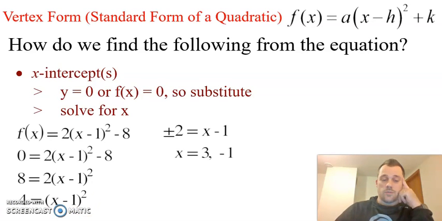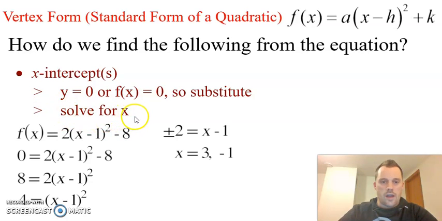Our x-intercept, this is probably the more challenging part of our graph when we're dealing with vertex form. So we know that y equals 0 for all x-intercepts, but we could have 0, 1, or 2 x-intercepts for a quadratic function, or solutions, you may refer to it as.